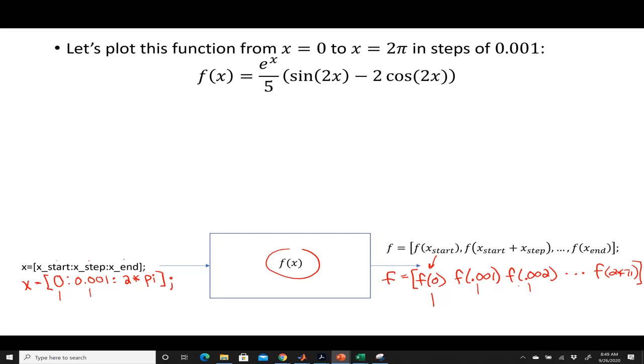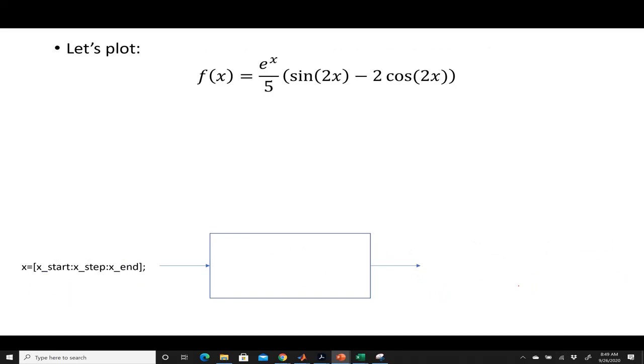Okay, so now let's look at how we would plot something that's kind of complicated like this. In this case, what I have is functions that are multiplying each other. The easiest way to think about this is to generate these individual pieces one by one.